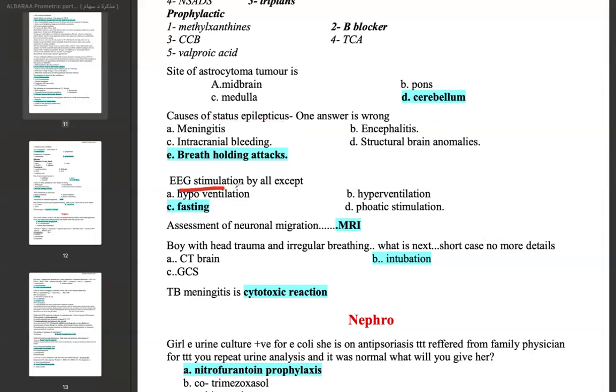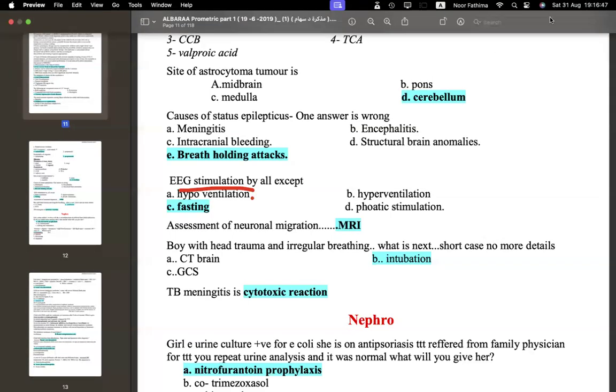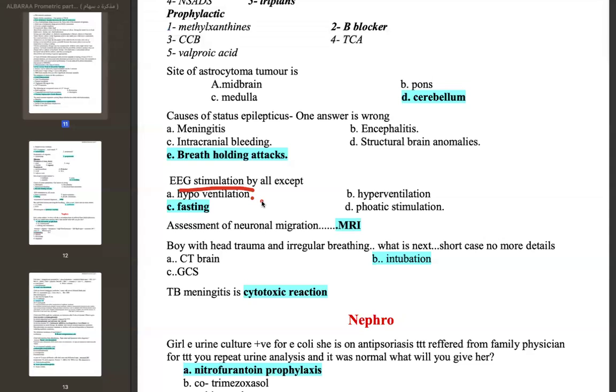Next is EEG stimulation, all except. To take an EEG, sometimes it is done under hyperventilation, sometimes we use photic stimulation, but I don't think fasting is used for EEG stimulation.